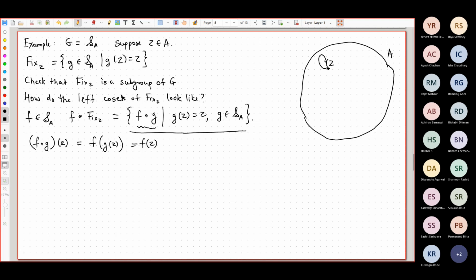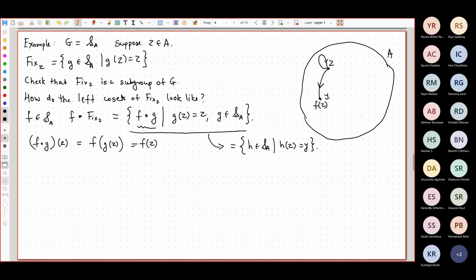Every element of this coset takes Z to some fixed place, F of Z. So this is just the set of all elements H of S_A such that, let's call this element Y, H of Z is equal to Y. As you vary Y over elements of the set A, you will get different cosets.